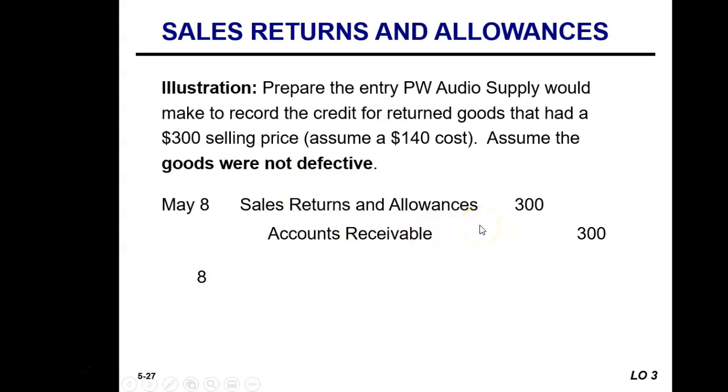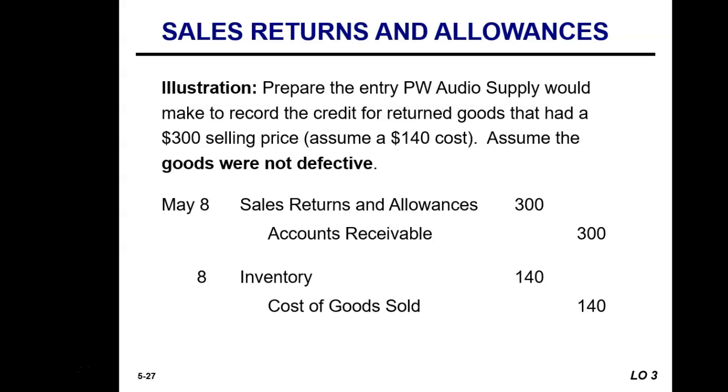But now we have more inventory, so we'll put it back in inventory. We'll debit inventory for the $140, which is the cost that we paid for it, and credit our cost of goods sold account, because an item that was sold initially has now been returned back to us, reducing the cost of goods sold, which is your expense account.